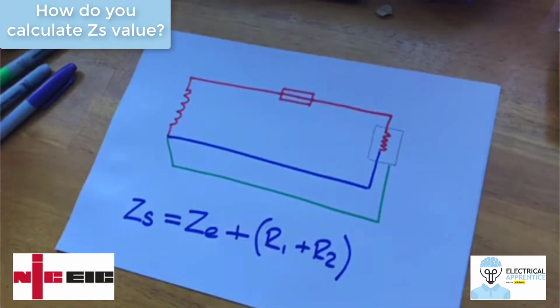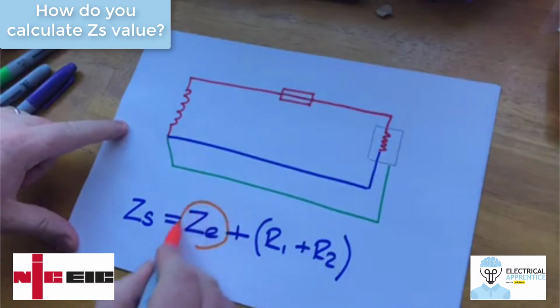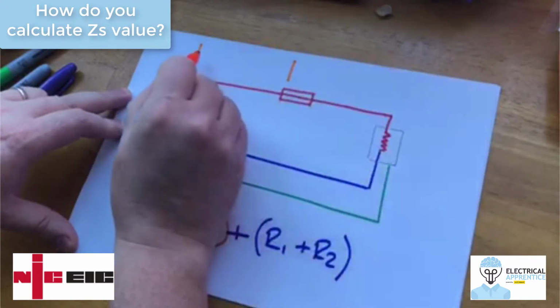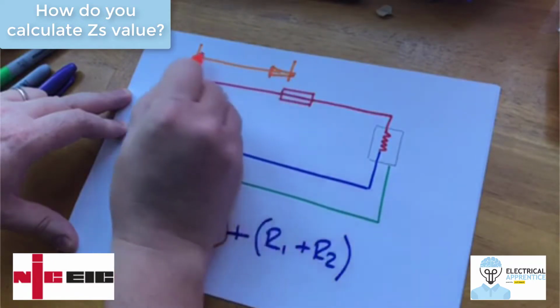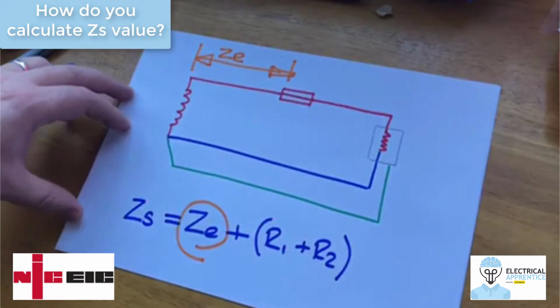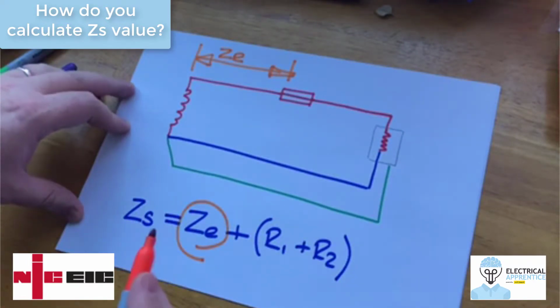So looking at this part of the installation and just to consider it separately, our ZE, this part here, is going to be from there to there. So these 2 points here, that is known as ZE, Z external, your external impedance.